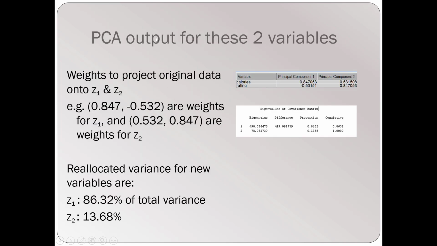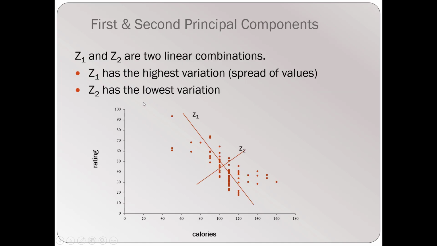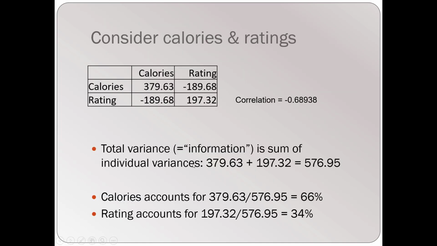Now, another benefit of PCA is that, unlike the original variables, principal components are completely uncorrelated. There is no covariance at all. For example, here we had the original variables, calories and rating. These were the variances and these were the covariances.